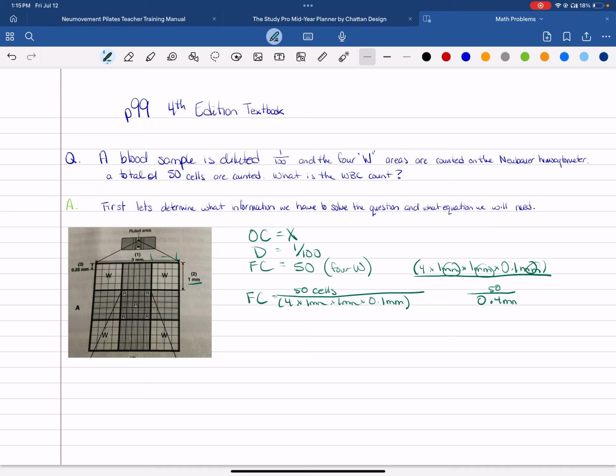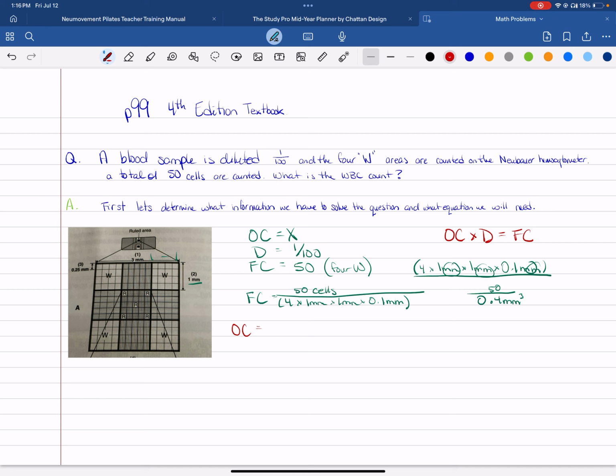If we remember the original equation, it's original concentration times dilution equals final concentration. So let's put that into the equation. Our original concentration is X, or we can just call it original concentration.